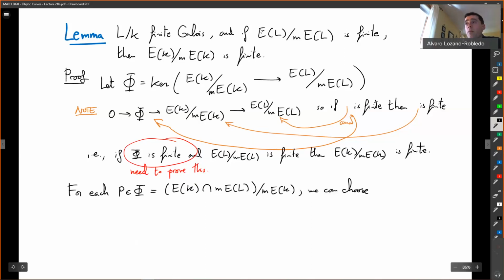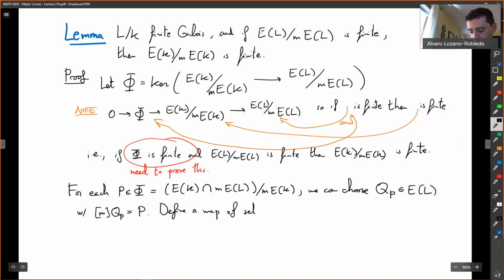Okay, so if P is in the kernel, it is also a multiple of M over L. So we can choose a point for each P in E(L) that, over L, looks like a multiple of M. And with that in mind, we then can define a map of sets, lambda for each P. This is the Galois group.